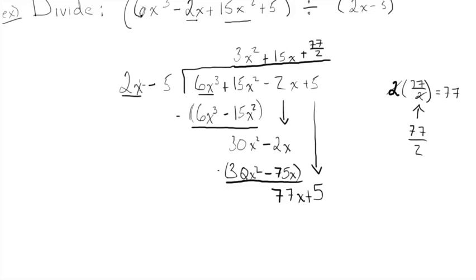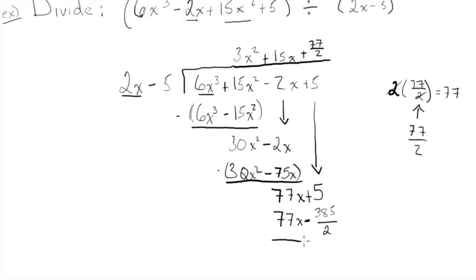So 77 over 2 times 2x is, we just said, 77x. It's going to be a little bit trickier here too, because now we're multiplying 77 over 2 times 5. So you might need a calculator for that one. I'll admit I just used one. So that's 385 over 2.